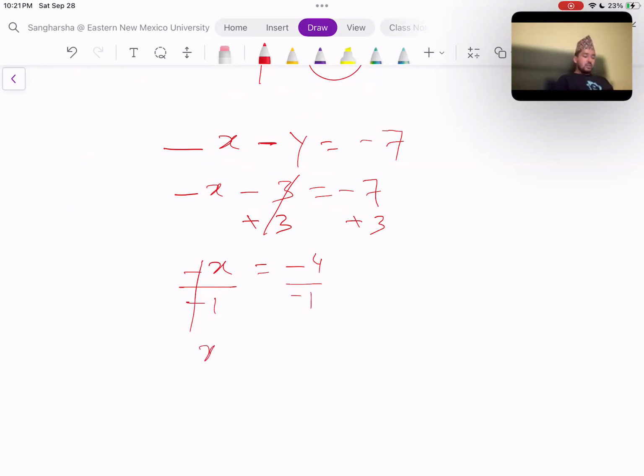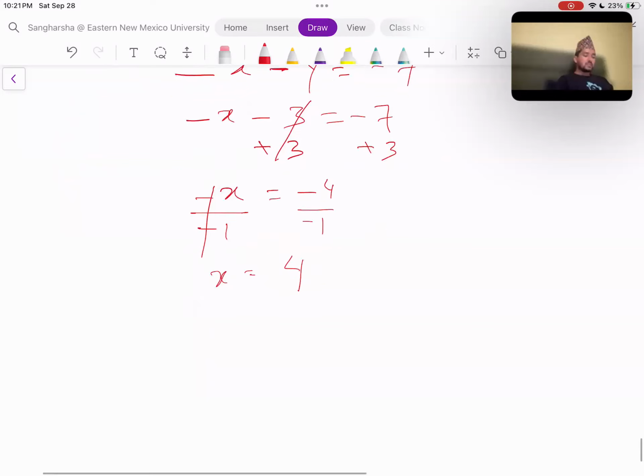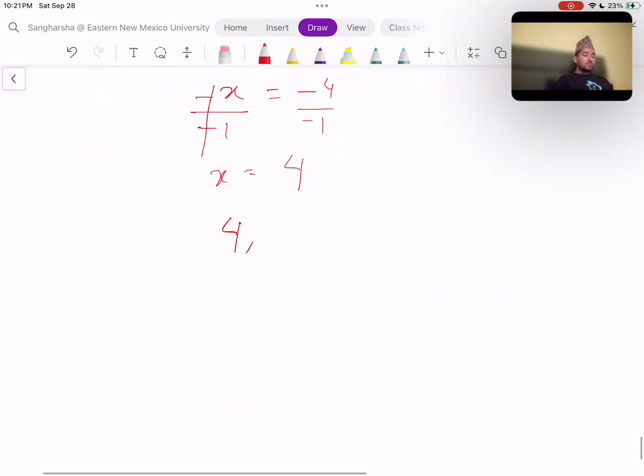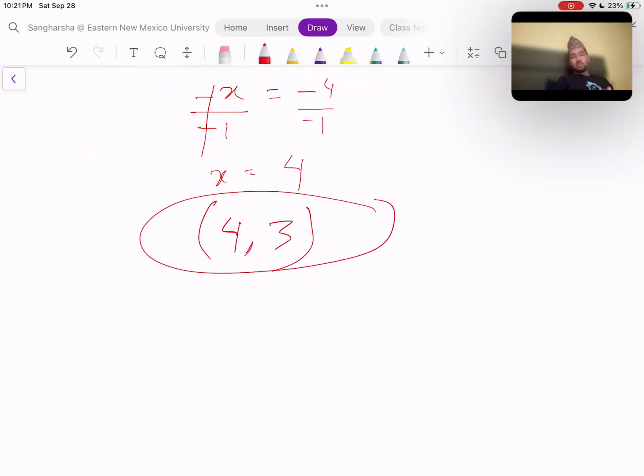Negative gone. We have x equals -4 divided by -1, which is +4. And for your solution, you write your x value and your y value together inside parentheses separated by a comma. And this is the solution for this system of equations using the elimination method.